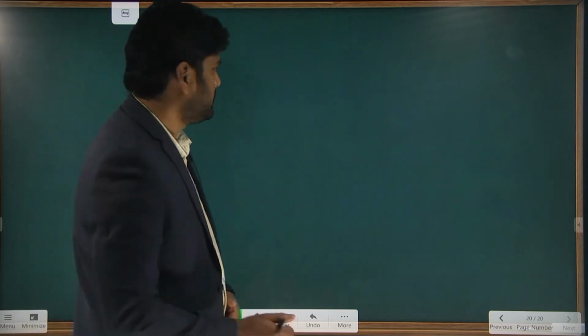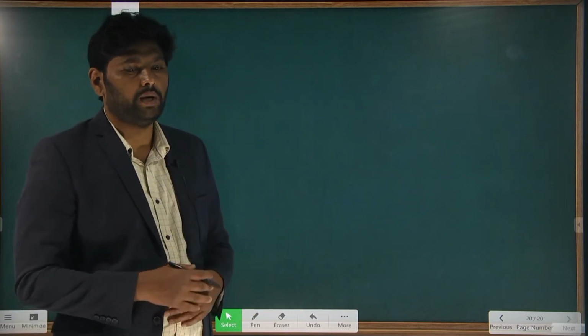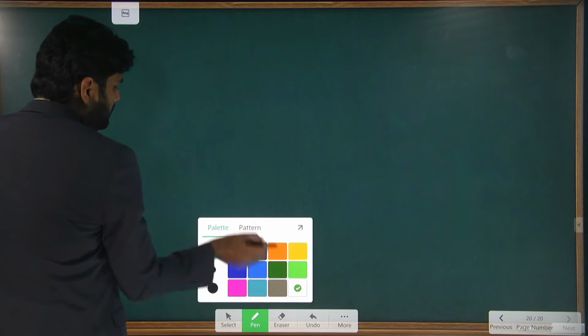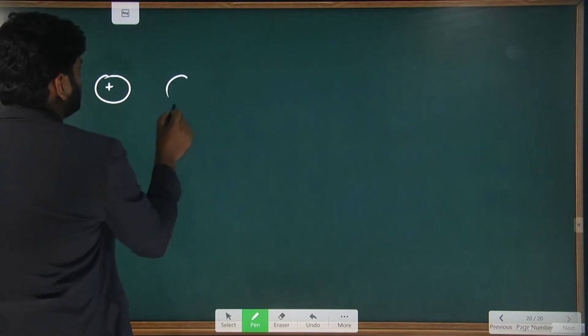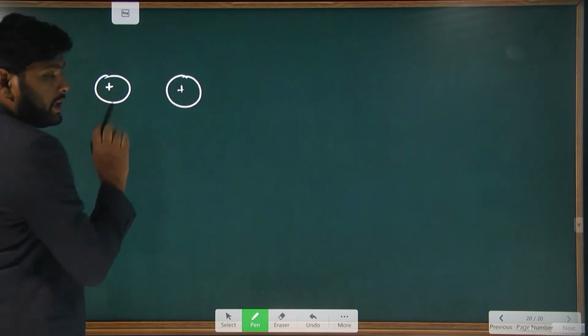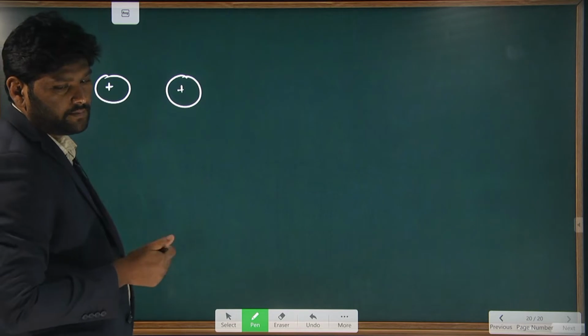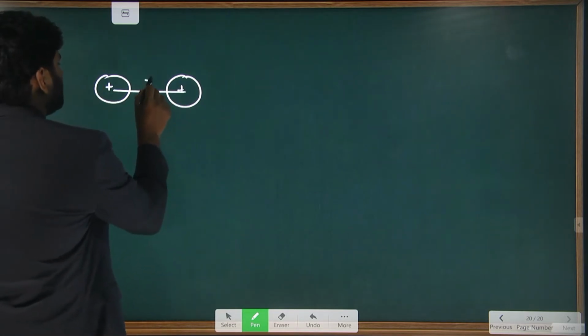So first of all, what is the concept involved in the electroscope? You know very well, if this is a positive charge and this is also a positive charge, what happens if these two positive charges are placed at some distance r?